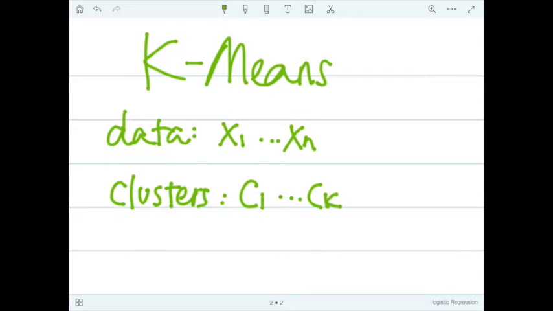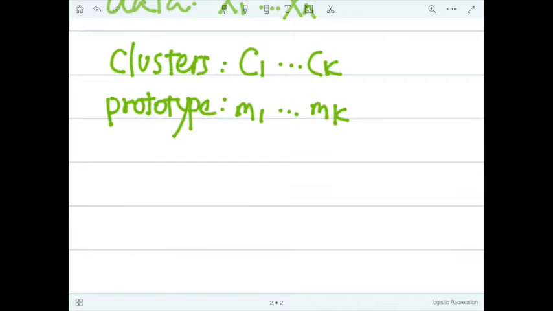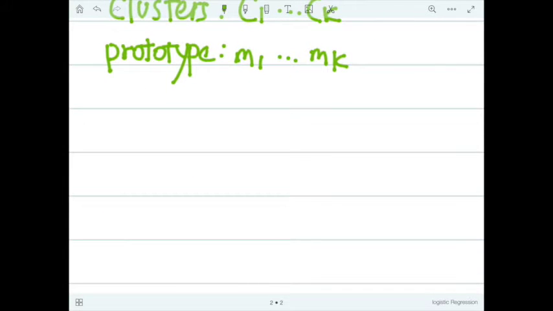The corresponding prototypes are M1 to Mk. So what does the k-means clustering algorithm do? It tries to minimize the objective function, which is defined as this.